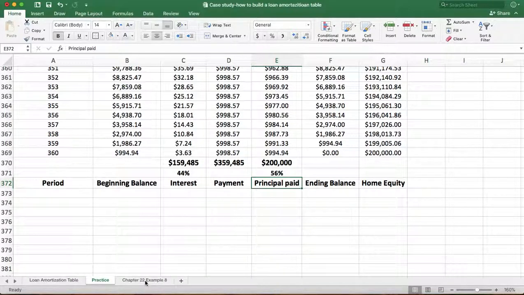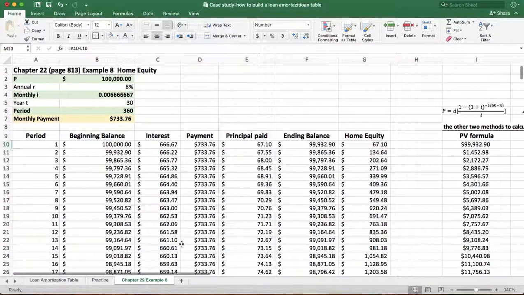And the other sheet here is Example A in Chapter 22.